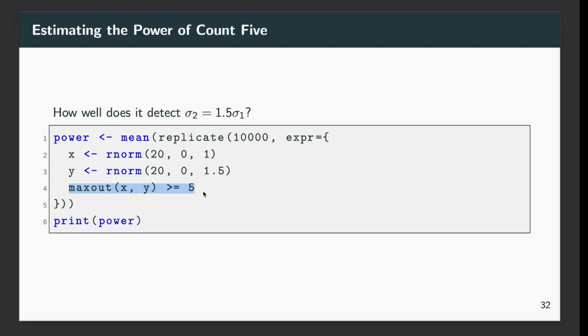In this case, the test has modest power. If you want higher power, you need a larger sigma ratio, or you can have a larger sample size.